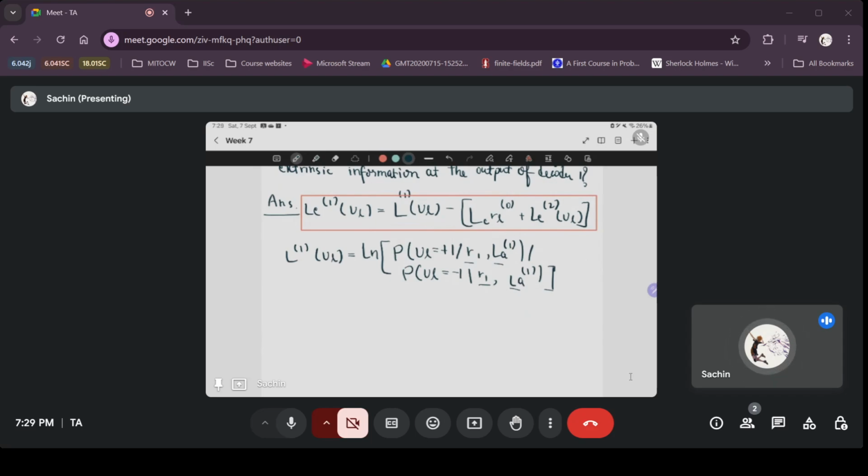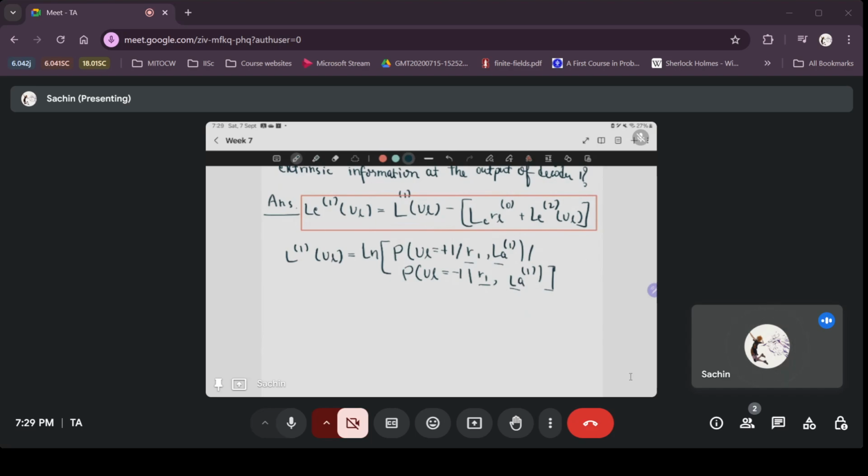So if you want to give an estimate of the log likelihood ratio independent of the received word and whatever a priori probability you have assigned LA of 1, you have to subtract the contribution from RL and LA.